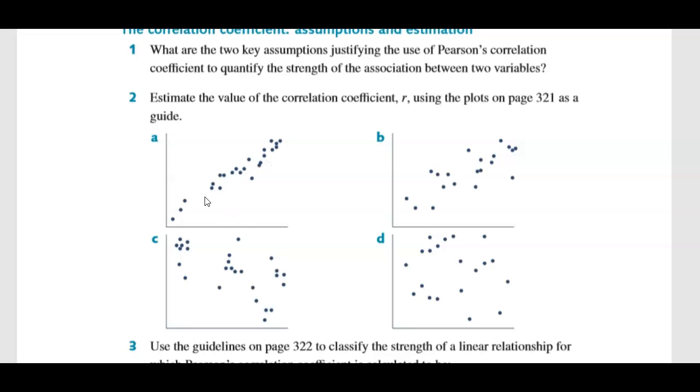The strength in A is a lot stronger than it is for B. The dots are very close together, which means they kind of form a straight line. So as your explanatory variable increases, your response variable is also increasing at basically the same rate. But when you get more scattered like this, the relationship is weakened, and then you can see in D, there really is no relationship.